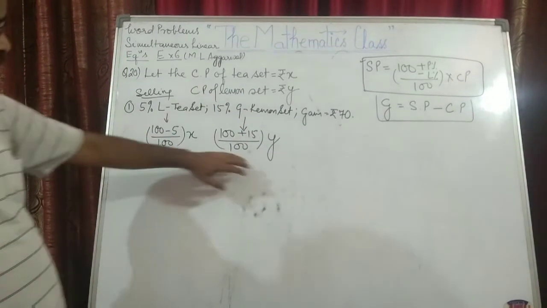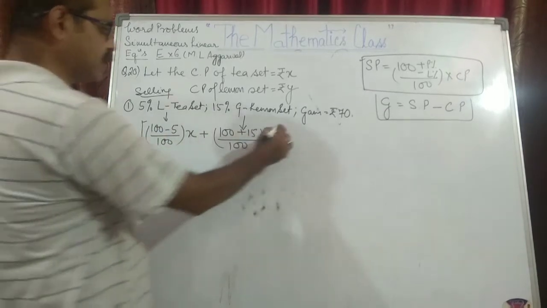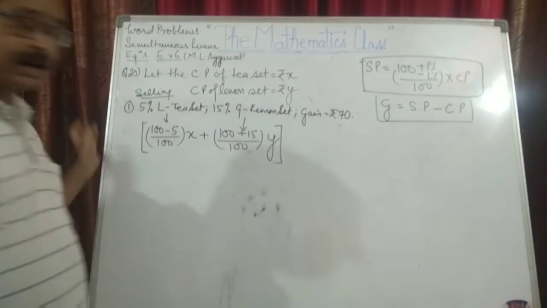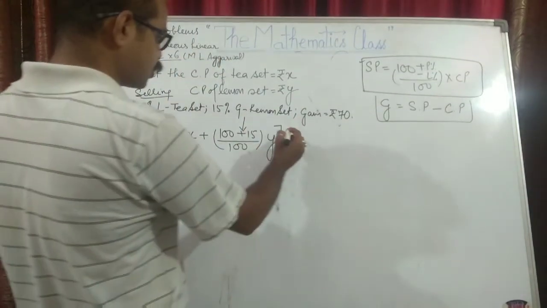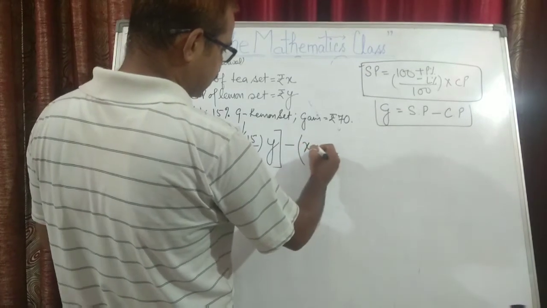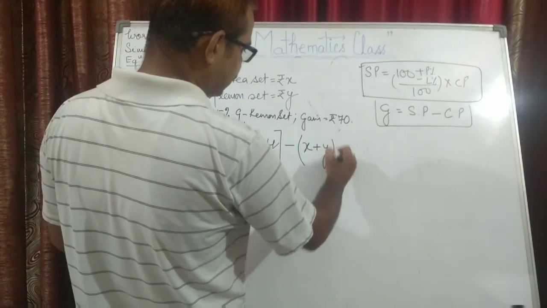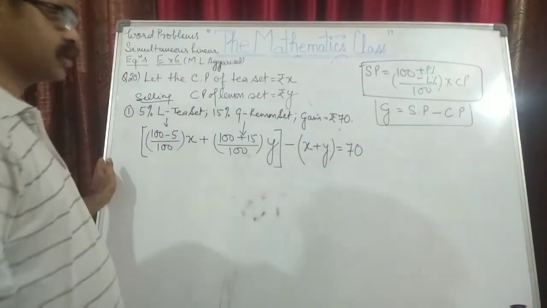If we add these two, this will be the total selling price, and gain is selling price minus cost price. So we have to subtract the total cost price, which is X plus Y, is equal to 70. This is the first equation.